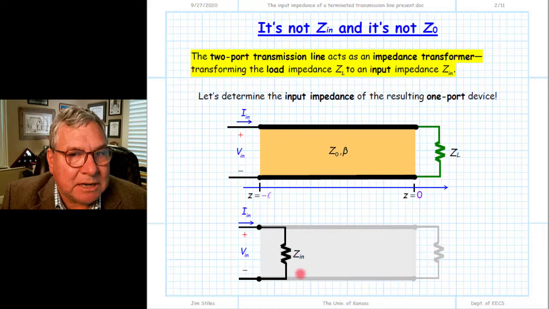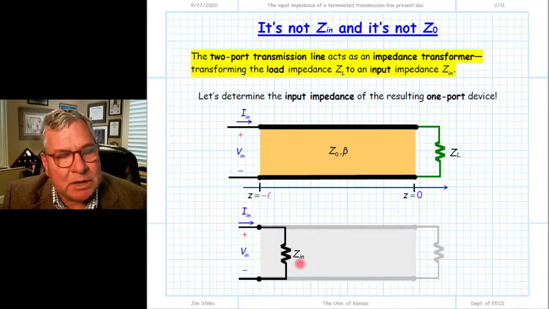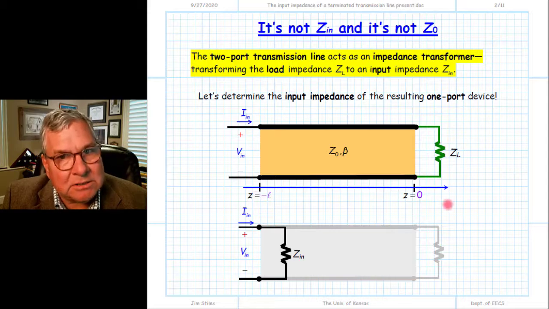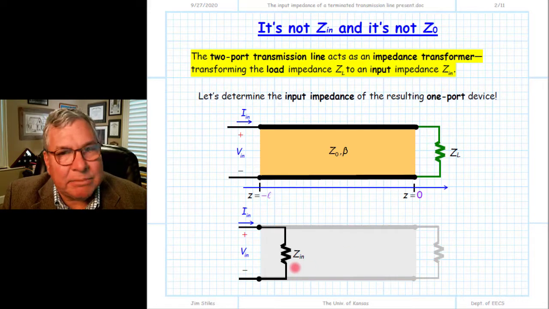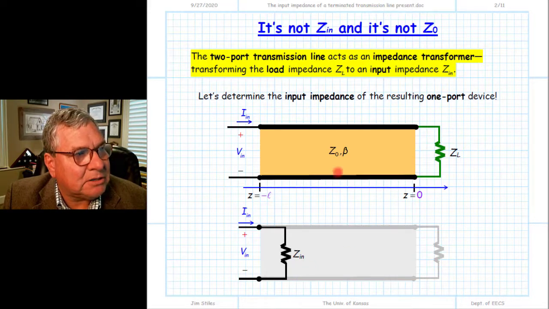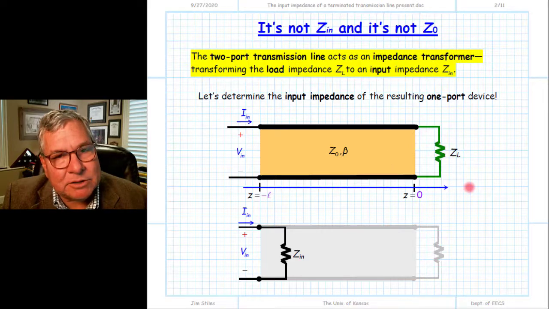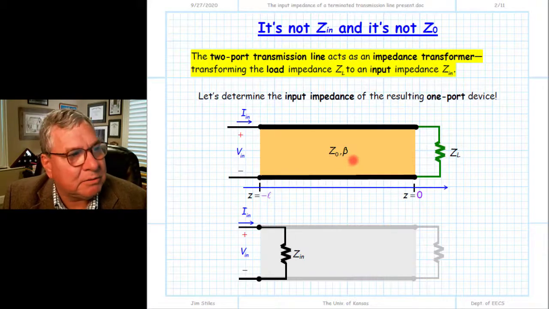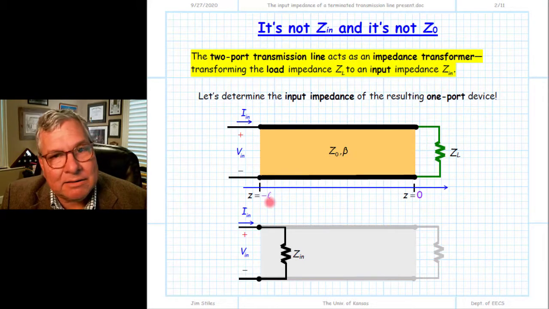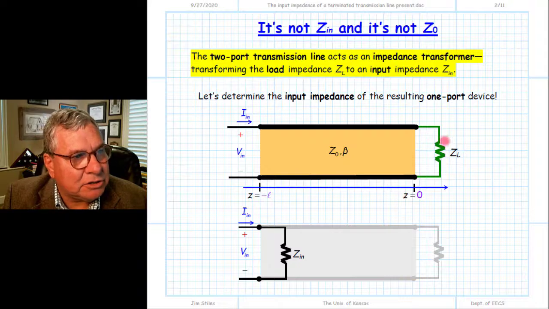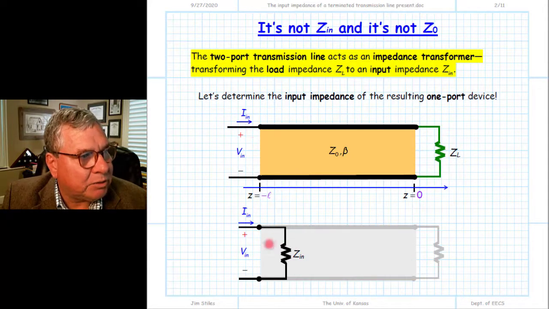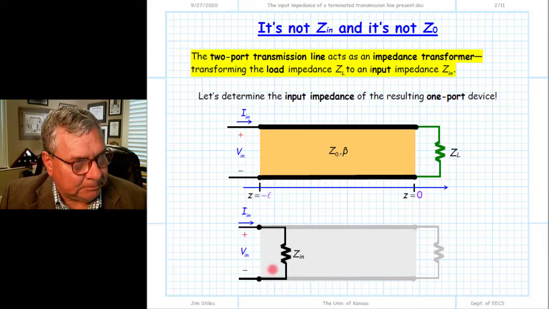Once again, I emphasize that this input impedance value is the equivalent circuit for this entire one-port device. It is a complex number at a given frequency that comprehends all the physical circuit behavior of the two-port device. By that, I mean the characteristic impedance, the spatial frequency beta, and the length of the transmission line, in addition to the load impedance. It replaces all of this with one equivalent circuit.